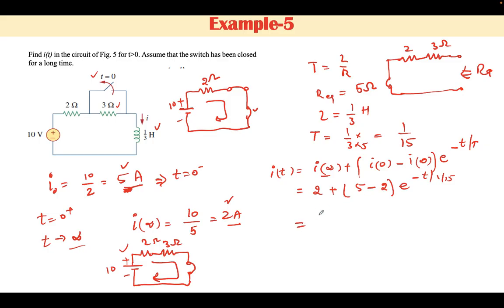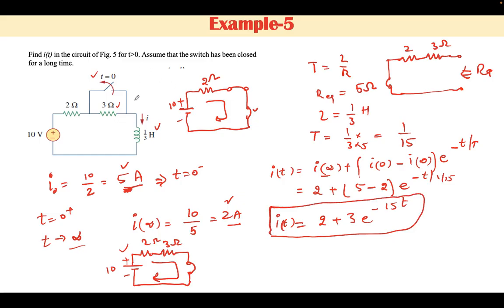Then the equation will be 2 plus 3 e to power minus 15t, and this is the expression for current developed in the inductor in the given circuit when t is greater than 0.